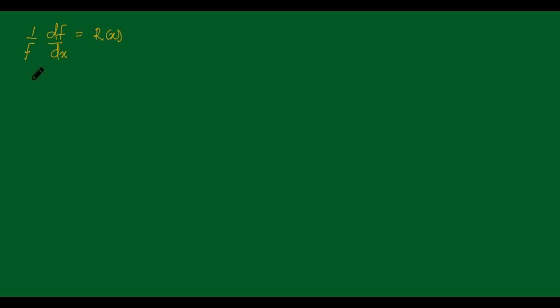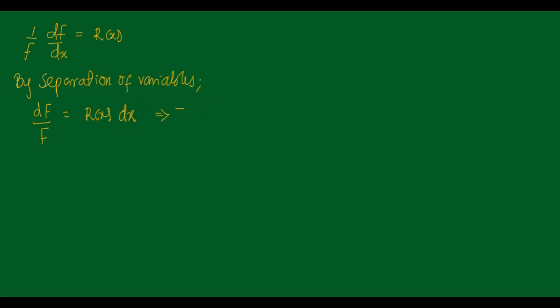And since we said f is a function in x only, we can easily evaluate this result by using our separation of variables method. Remember, we've talked about this before. So by separation of variables, we have df over f must be equal to r(x) dx.